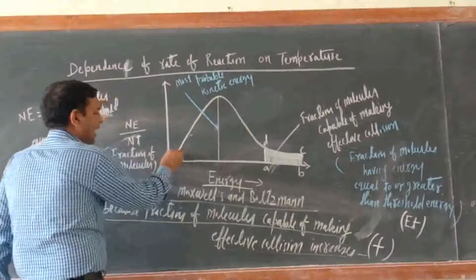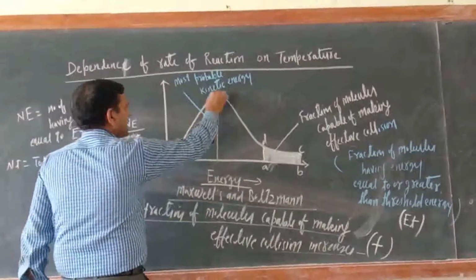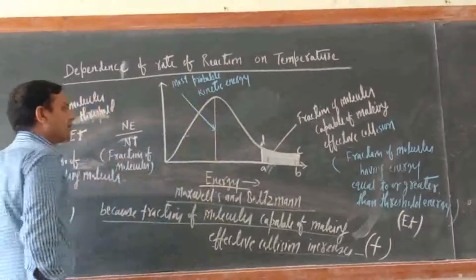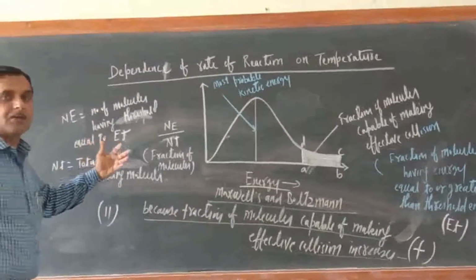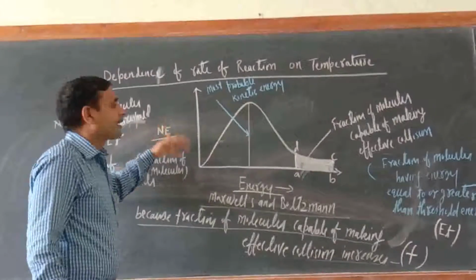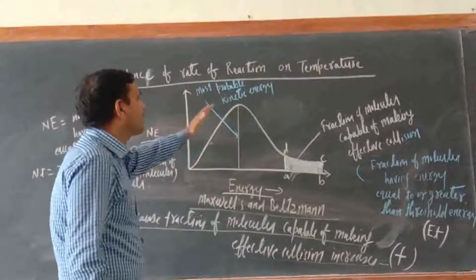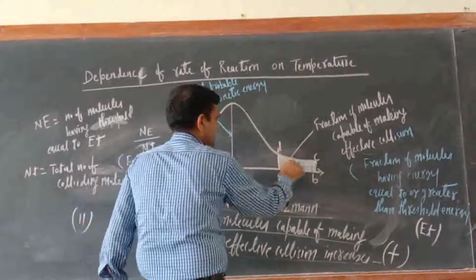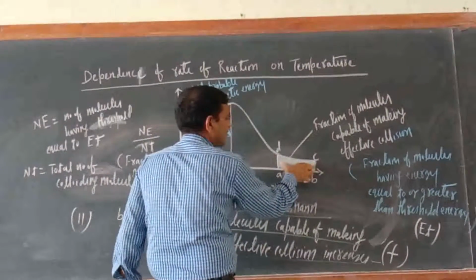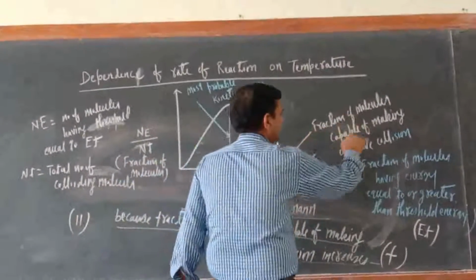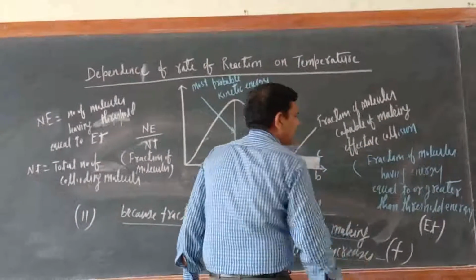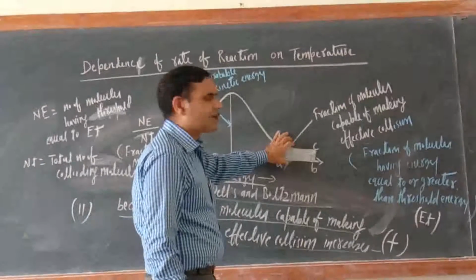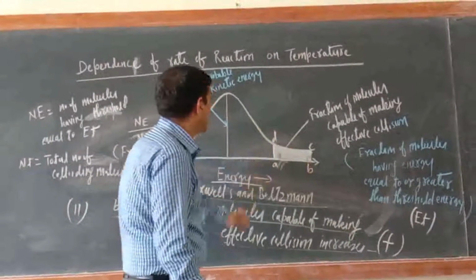At the beginning it was low, here also it was low, but in between they were more. Means the fraction of the molecules capable of making effective collision was very less. This graph tells that only this number of molecules will have energy equal to or greater than threshold energy.